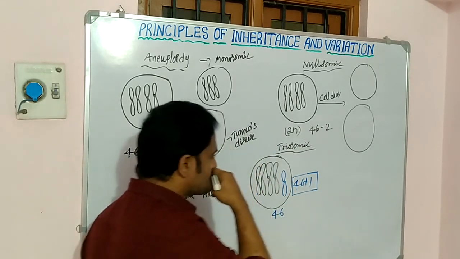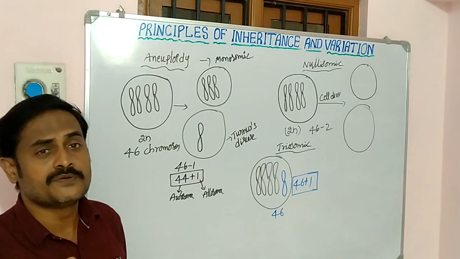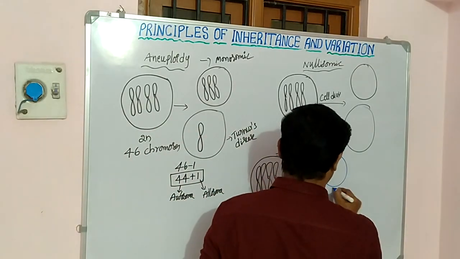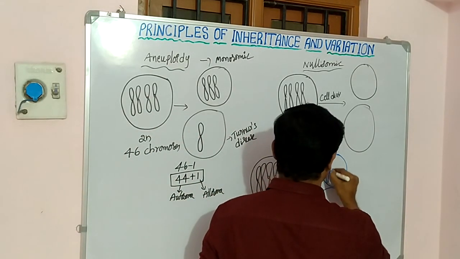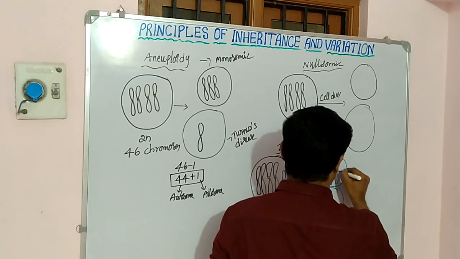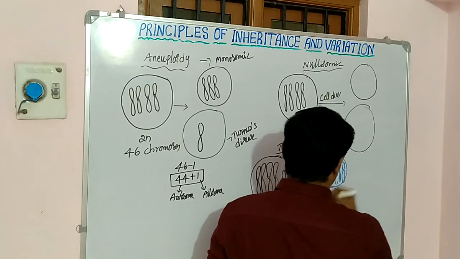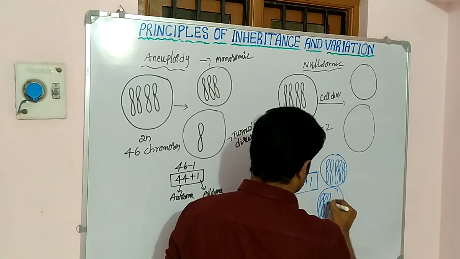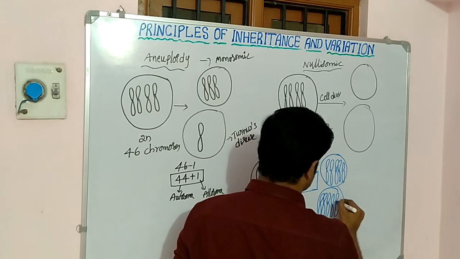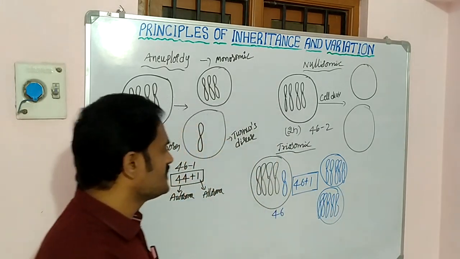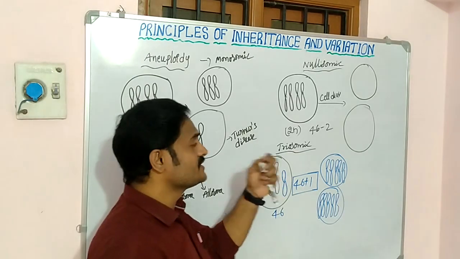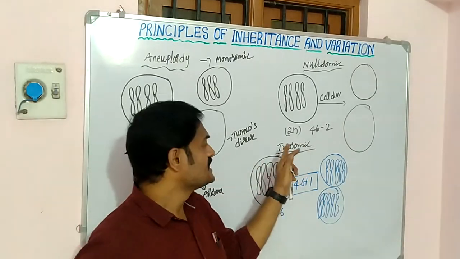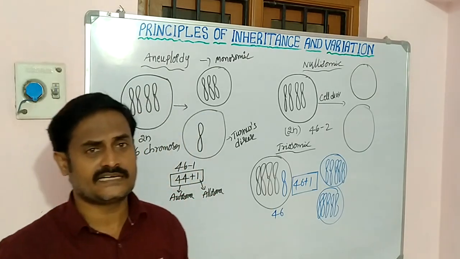So here also it forms abnormal chromosomes in the daughter cells. When we observe, abnormal chromosomes are present here, with the addition of one chromosome. So the addition of one chromosome in the daughter cell is called trisomic condition.